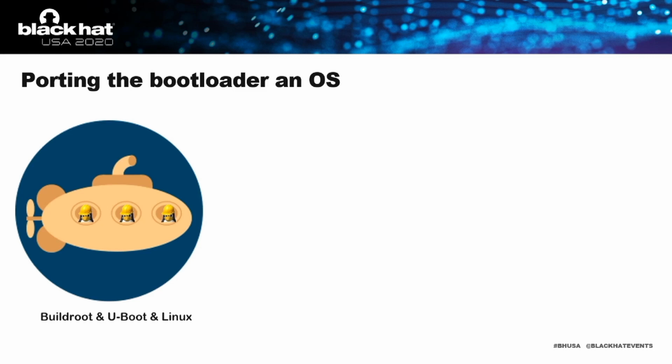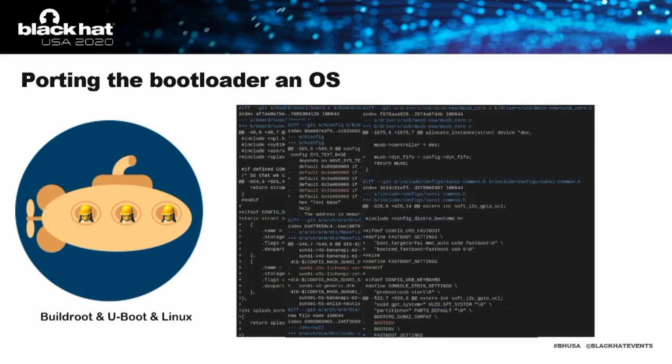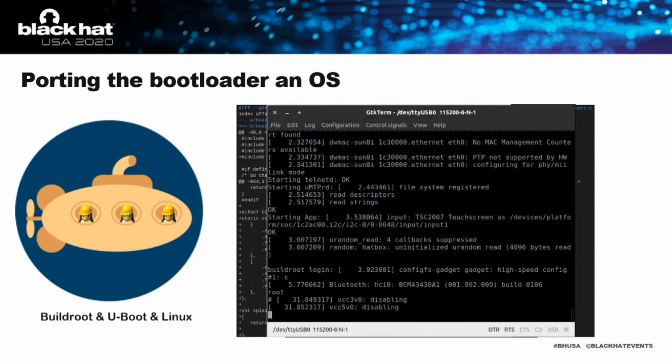I wrote some necessary drivers and fixed some bugs in the existing open source drivers, including the display driver, LCD controller, Bluetooth, and non-maskable interrupt controller. Finally, I ported U-Boot 2020.04 and Linux long-term 5.3 to this chip.